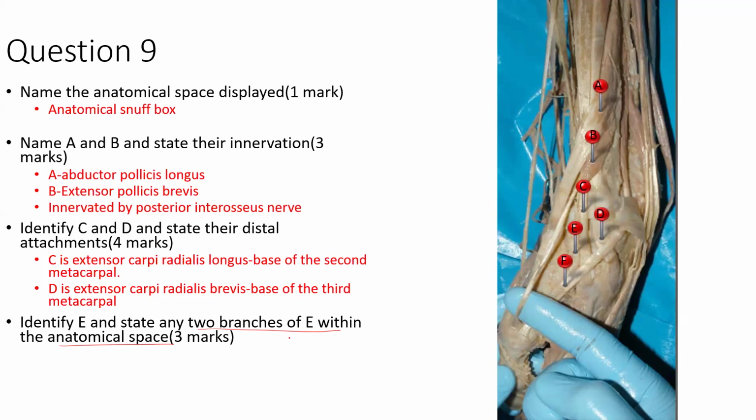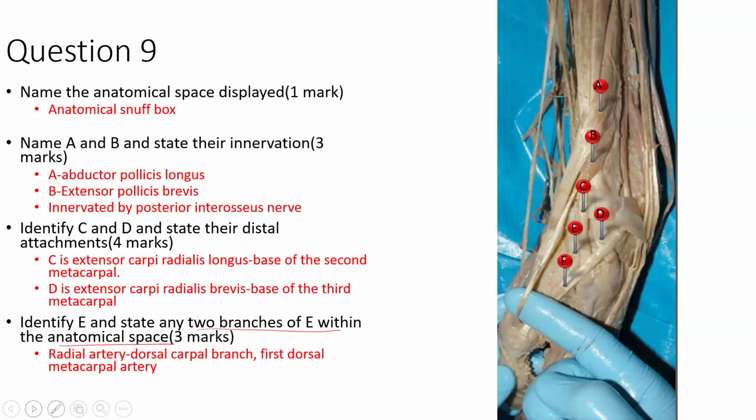What are the branches of the radial artery within the anatomical snuff box? Branch to carpal arch? Very good, the first dorsal metacarpal artery. That is wonderful. Another one, posterior carpal, also known as the dorsal carpal artery. So the dorsal carpal artery and the first dorsal metacarpal artery are the branches of the radial artery within the anatomical snuff box.